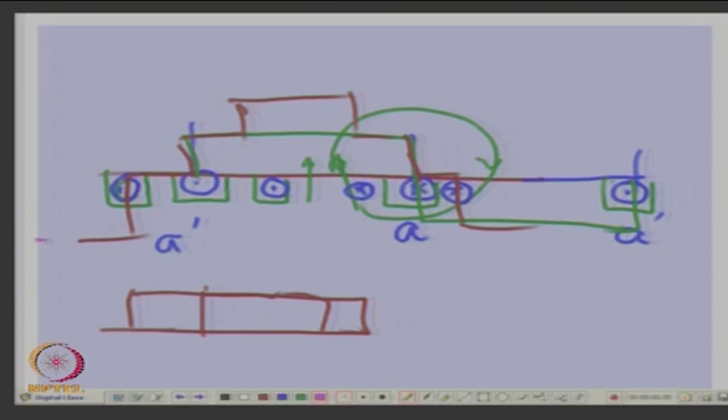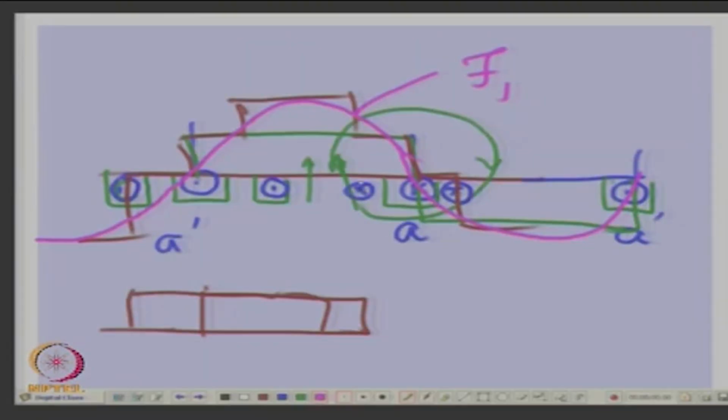But in all our analysis, I only take the fundamental. This is the fundamental F1. We take the fundamental only, because we do not take the harmonics, right. But any non-sinusoidal periodic wave will automatically have harmonics, right.